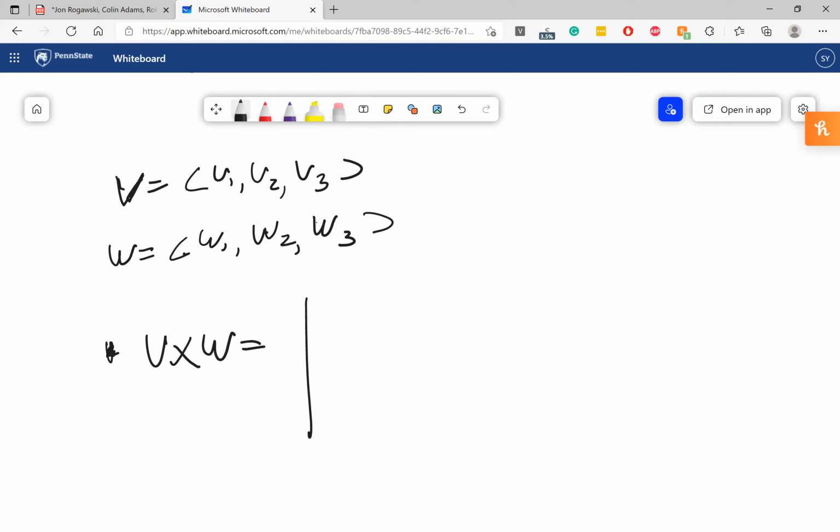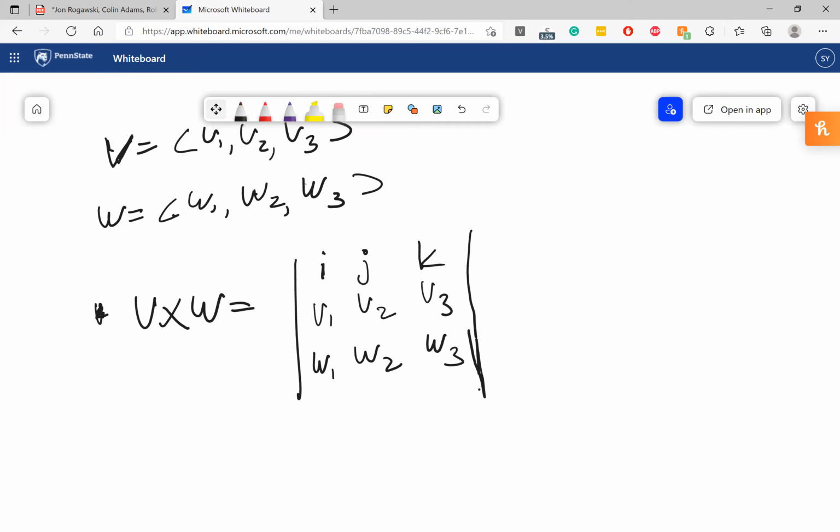That's going to be the determinant of the matrix I, j, k, and you're going to do this every time, make a matrix like this. And then you're going to put v1, v2, v3, w1, w2, w3. Okay, so the I, j, and k go on the top row, and then you put the components of v on the second one, and then you put the w on the third one.